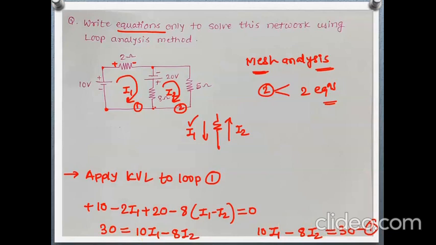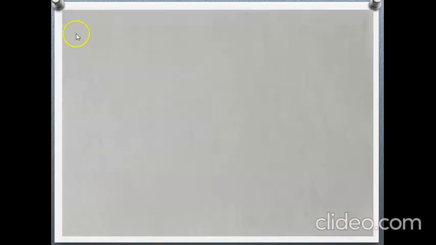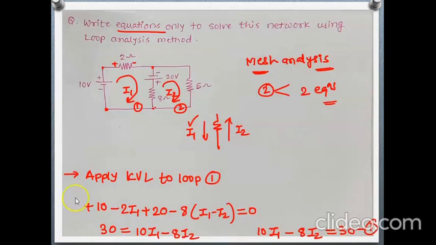Now let's apply KVL to loop number 2. Let's see the diagram. Here, suppose this is our starting point. We are going in this direction and come back to this point only.